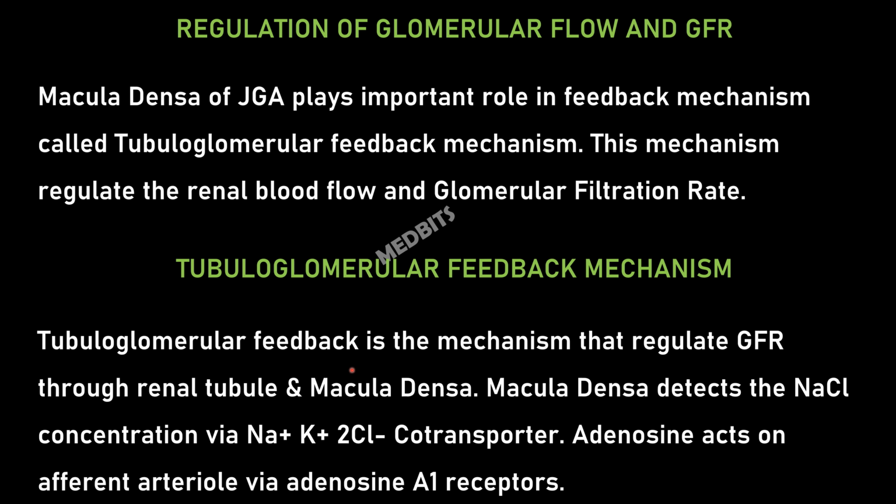This feedback mechanism regulates GFR through the renal tubule and macula densa. The macula densa detects the sodium chloride concentration via the Na+, K+, 2Cl- cotransporter. Adenosine acts on the afferent arteriole via adenosine A1 receptors.